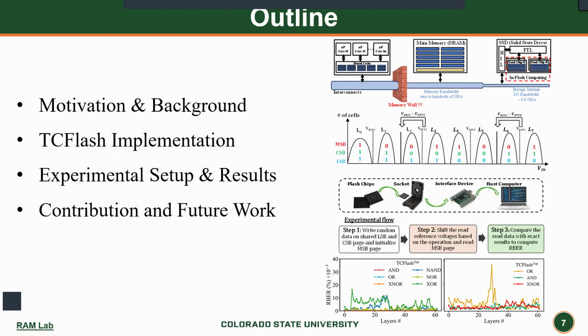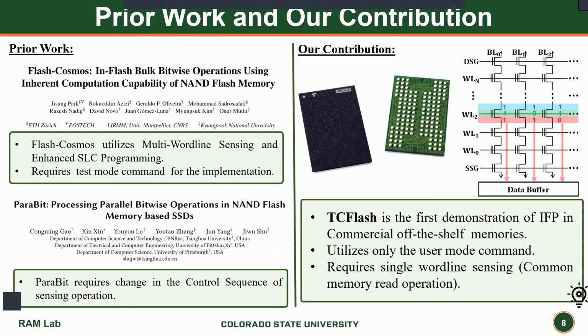Let's start with the TCFlash implementation. In some prior works such as Flash-Cosmos, it utilizes multi-word line sensing, which is not common in typical memory operation, and it uses enhanced SLC programming that requires a significant change in the ISPP scheme. So it requires some test mode commands for implementing this.